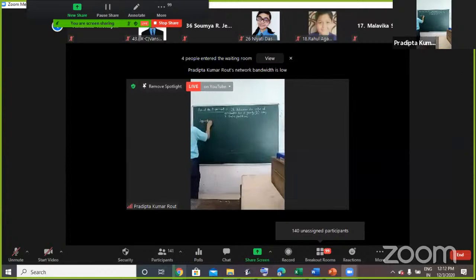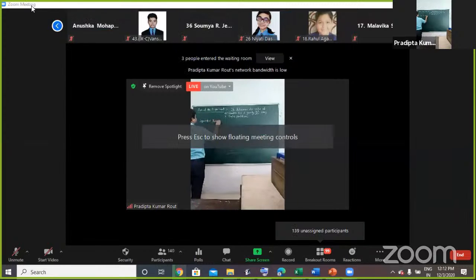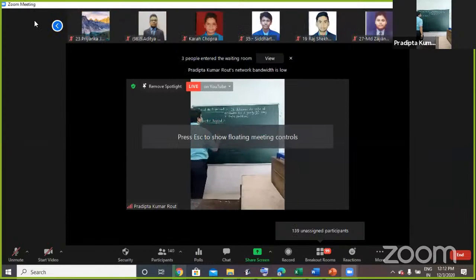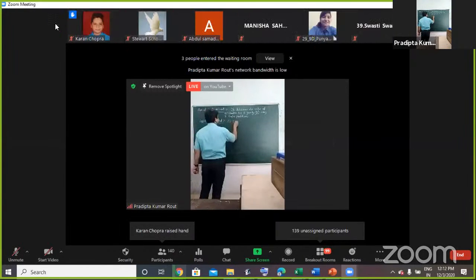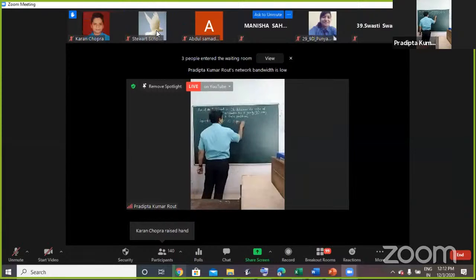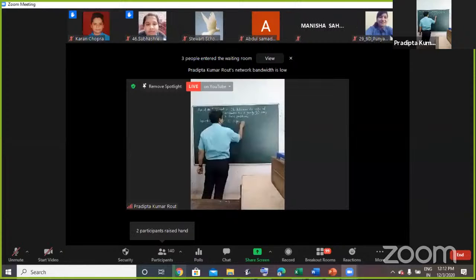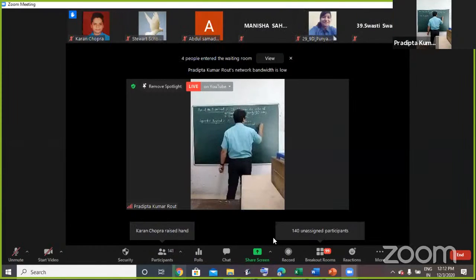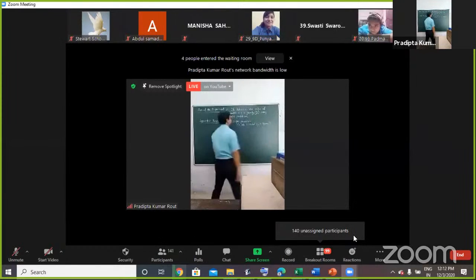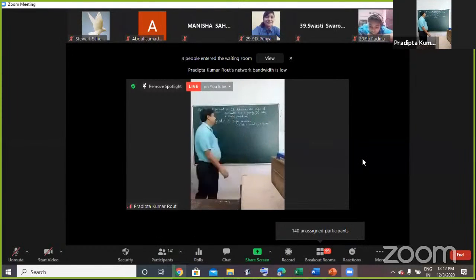Apparatus required for this experiment: number one, you need a simple pendulum. A simple pendulum means a ball suspended by a string.